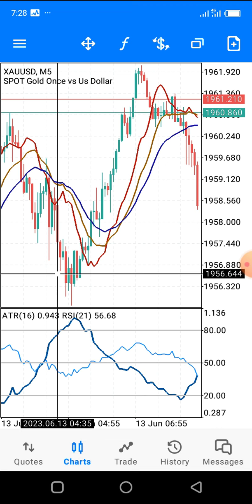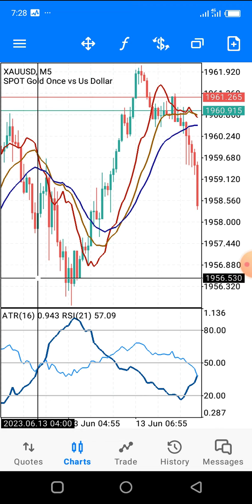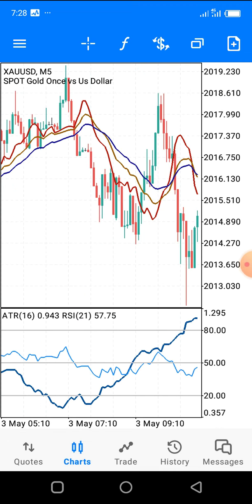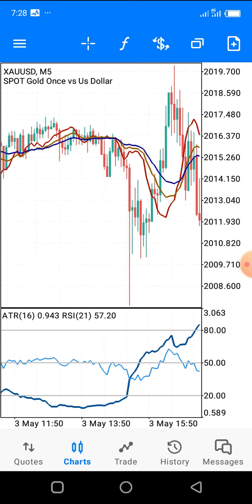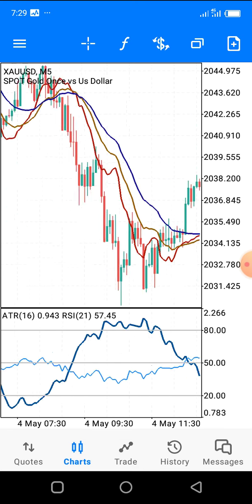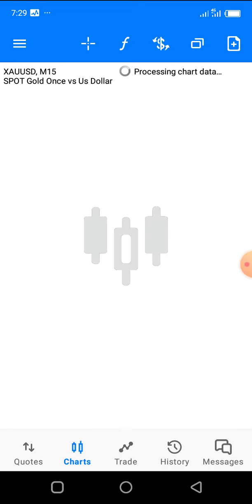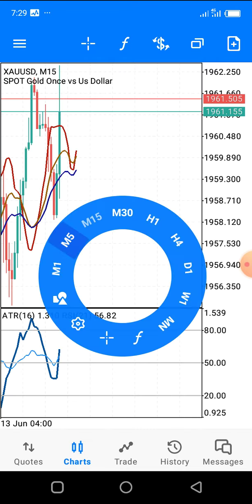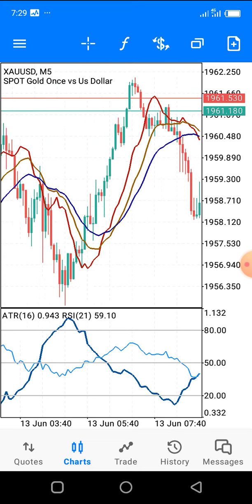So in this zone, when the ATR actually moved upward properly, kindly hold on. Let's go back to the 5 minutes time frame.